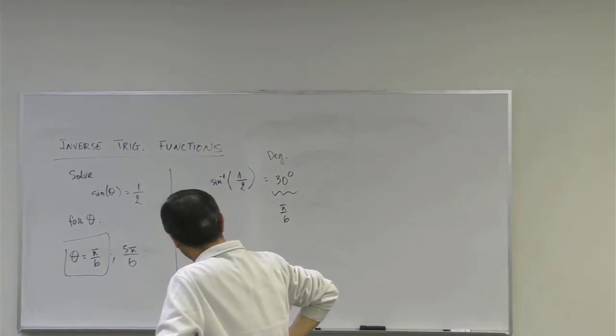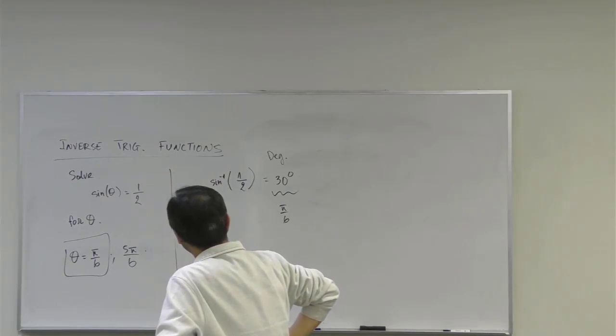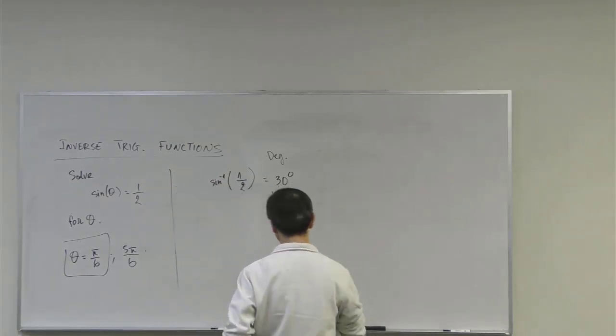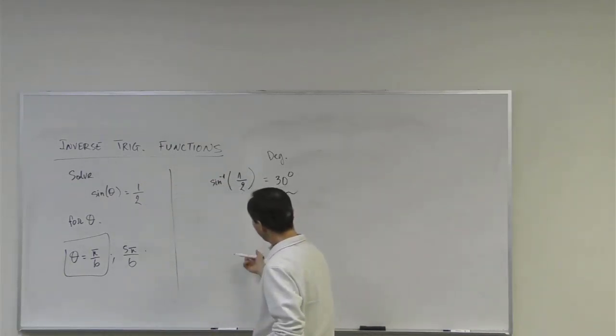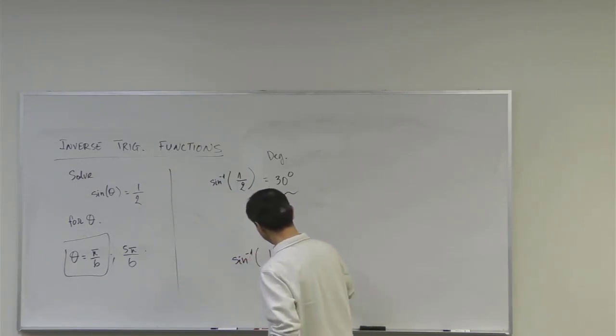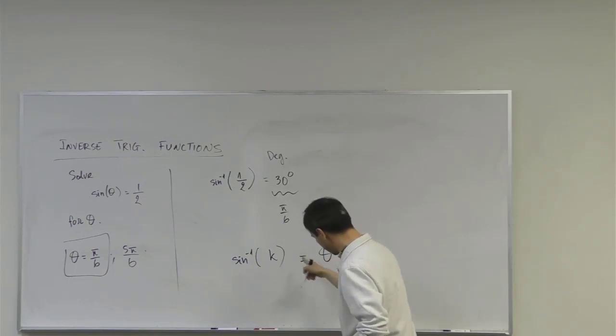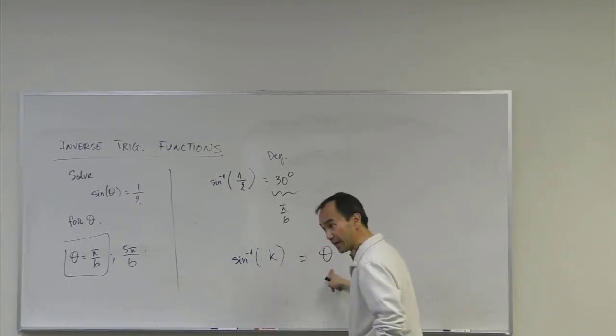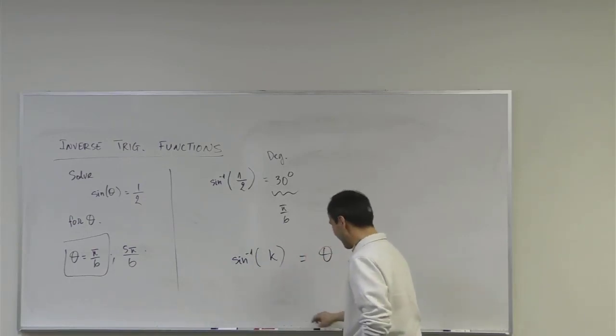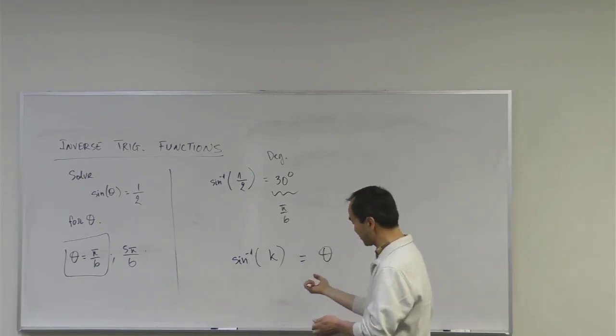But anytime you have to use the inverse function, you have to be aware of something. Again, inverse trig of any value equals... the purpose is to come out with the angle. See what I'm saying now? So you need to label that, and so do x.